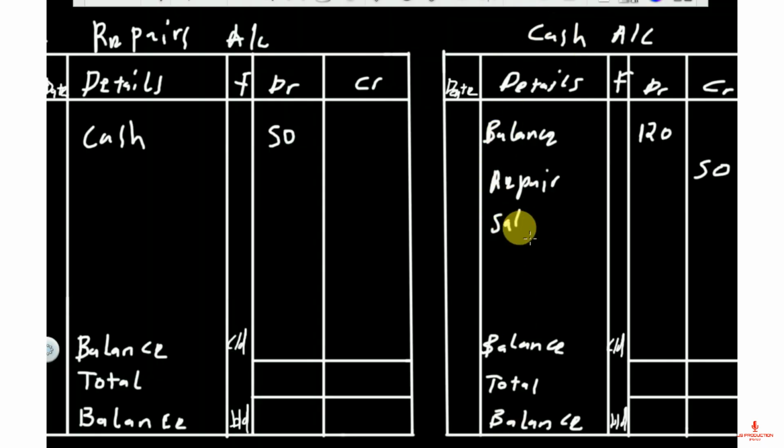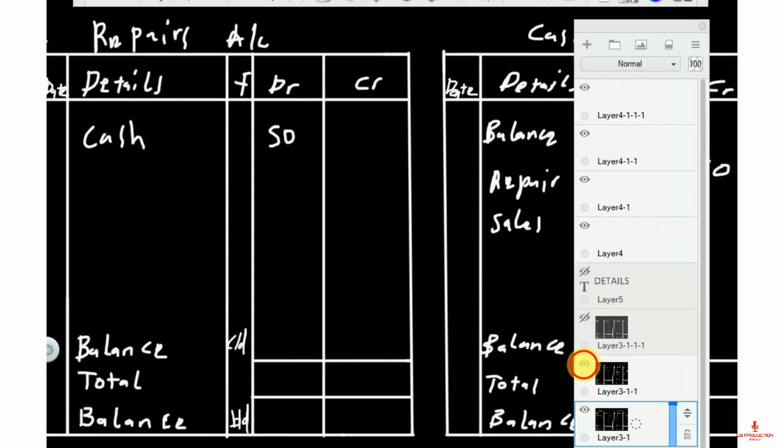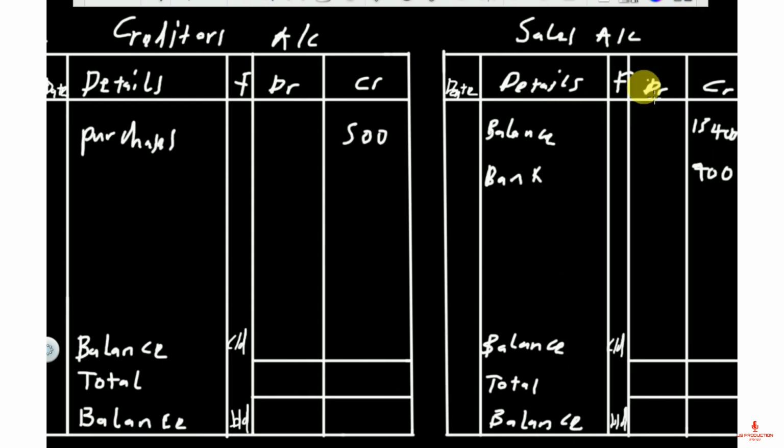Since the sole trader sold the goods, that means that he was receiving the money, and he was receiving the money through cash, which means we're going to debit that amount, 240, and you're going to credit 240 in the sales account. So in the sales account there, we're going to say cash, and you're going to credit that amount, which is 240.